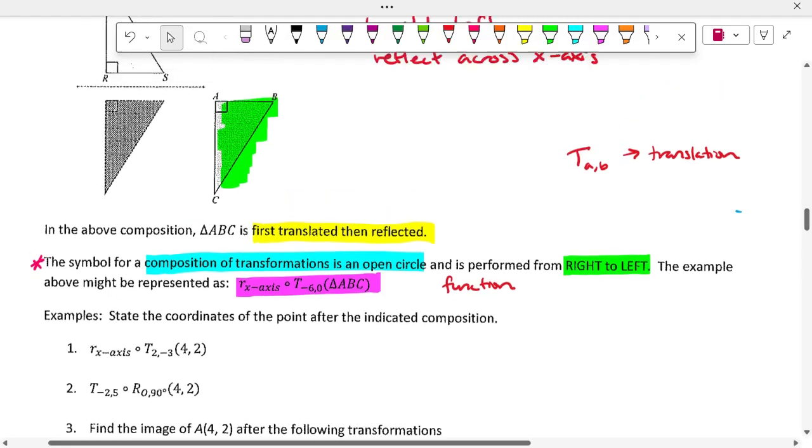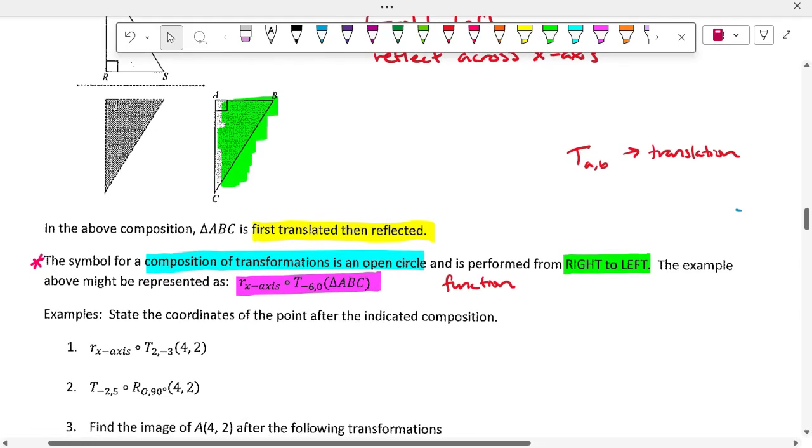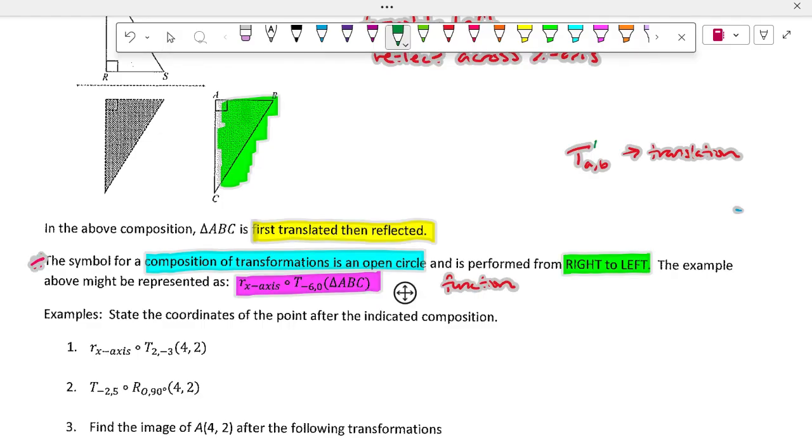Oh, sorry, you can't even see it. That's my bad. Oh, the right angle. Where A is your what? That's your horizontal translation. What about B? Vertical. So A is your horizontal, B is your vertical.